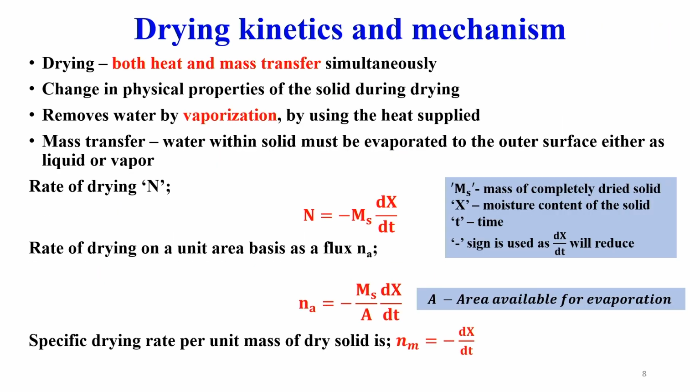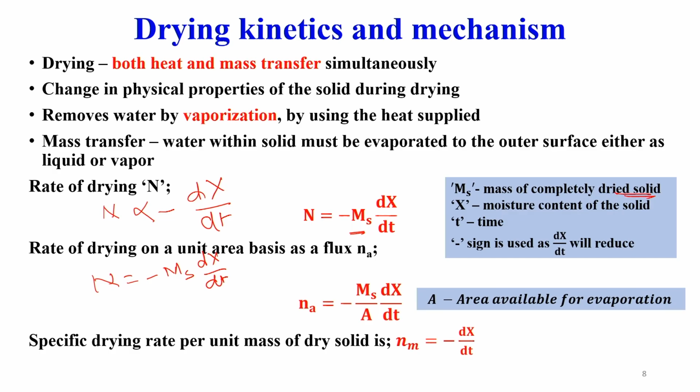Now, if you want to understand drying, the crude way to think of it is that the rate of drying is proportional to the decrease in moisture content, dX/dt, and also proportional to the mass of completely dried solid. So N becomes minus Ms into dX/dt.